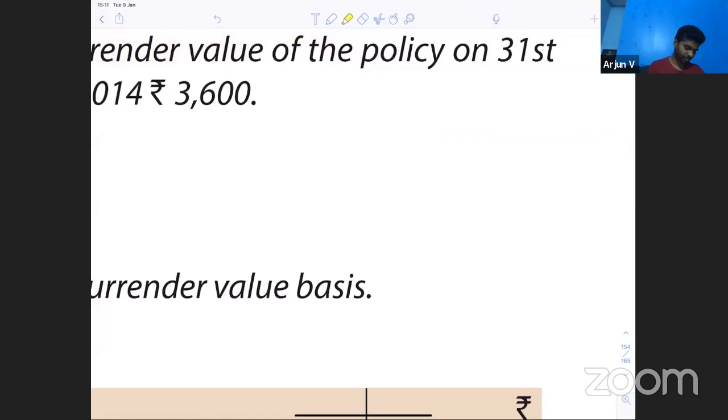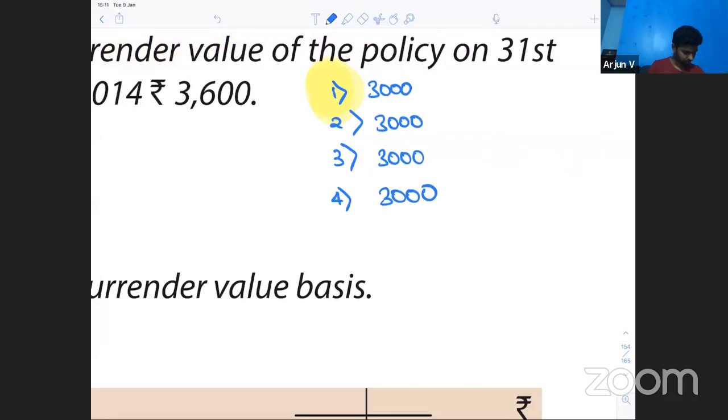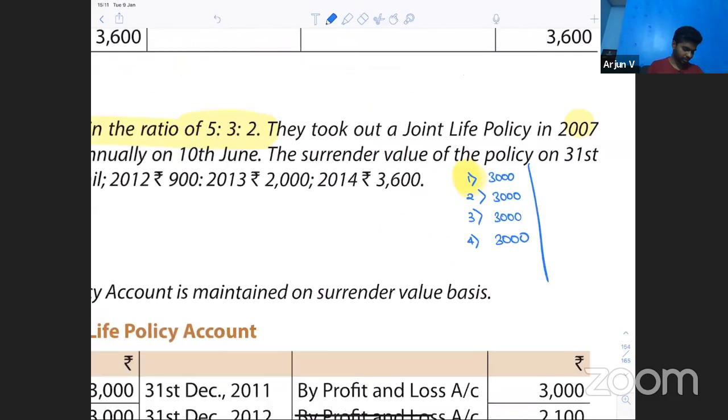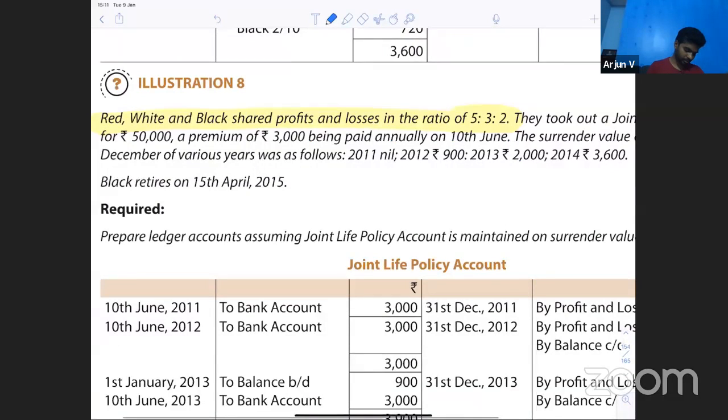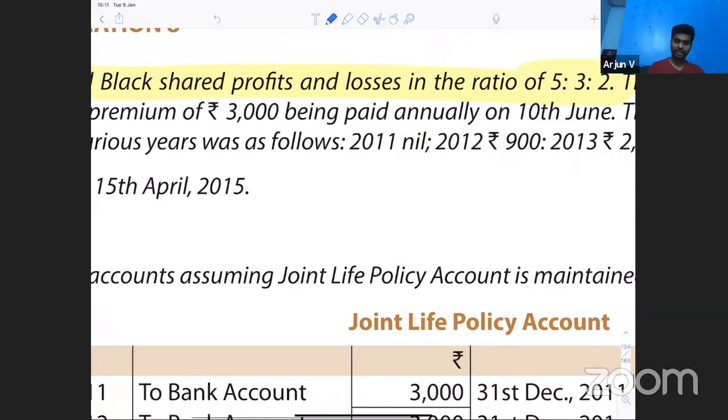Now, see here. First year, I have paid 3,000.